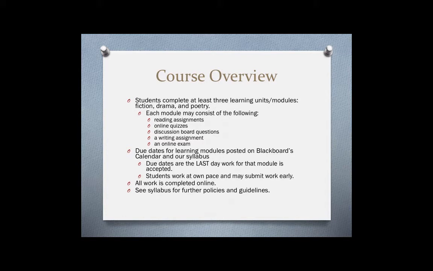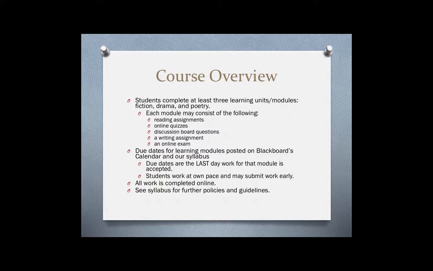Okay, let's talk a little bit about how the course itself is organized. In English 102, students will complete at least 3 learning units or modules, one that covers fiction, one that covers drama, and one that covers poetry.